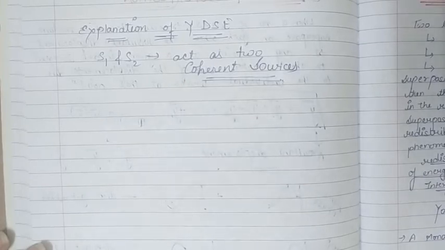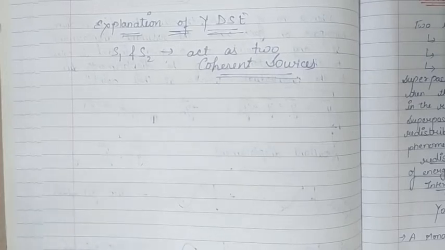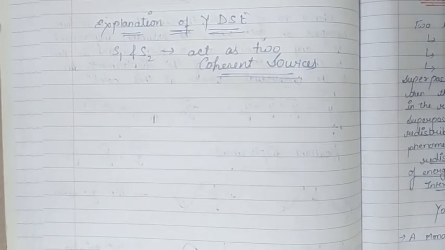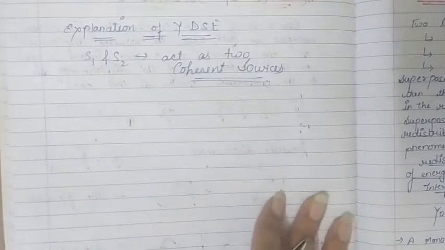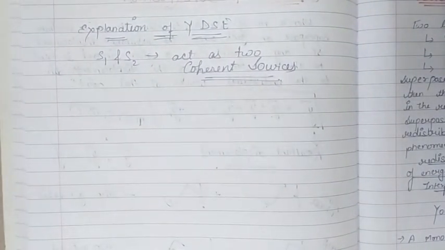So the conditions that we need for interference are only fulfilled if we use two coherent sources, because obtaining exactly monochromatic, exactly same frequency rays at the same instant in the same phase without any phase difference is not possible practically. So we use two coherent sources that are made up of a single source S only.